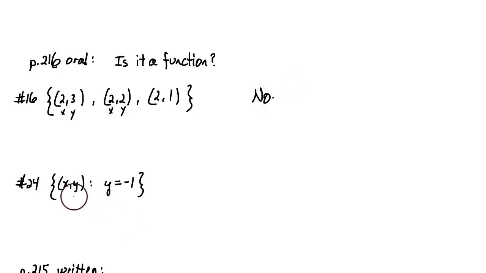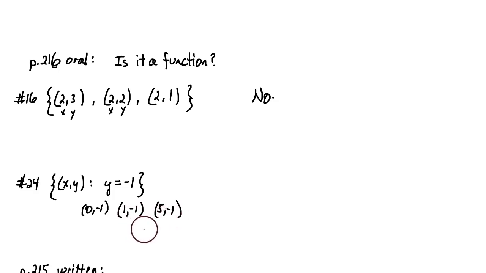Number 24, the set of ordered pairs x and y where the y value is always -1. Let's think of some examples. When x is 0, y is -1. When x is 1, y is -1. When x is 5, y is -1. Hopefully you get the point. Y is always -1 no matter what x is.